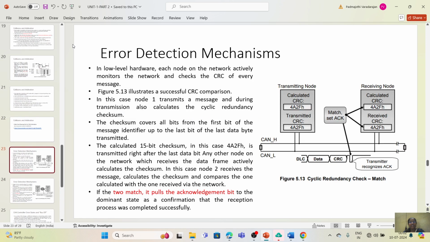The error detection mechanism used here is the cyclic redundancy check. What is this mechanism? Node 1 transmits a message. During transmission, it also calculates the cyclic redundancy checksum. The checksum covers all the bits from the first bit of the message identifier up to the last byte transmitted.